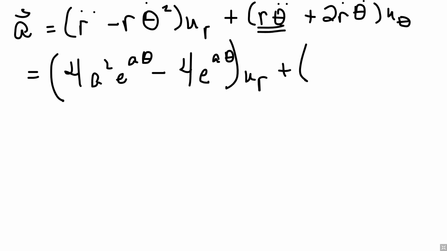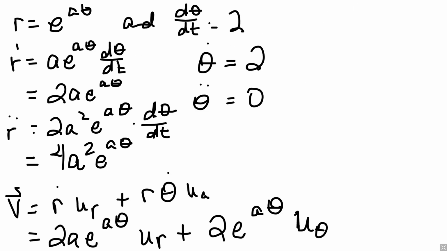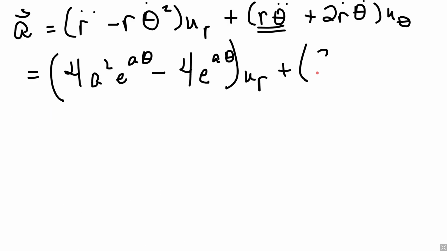So this is essentially going to be 0. And then we're going to have 2 times r dot theta dot. So 2 times 2 is 4 times this, which is going to give us 8a e to the a theta u_theta. Okay, so this is what it should end up with.